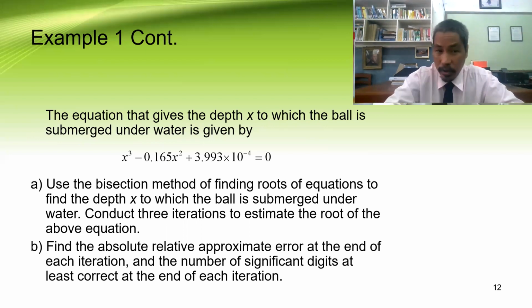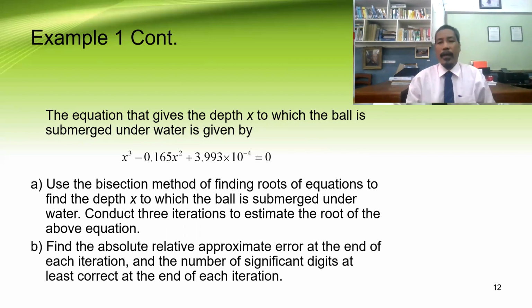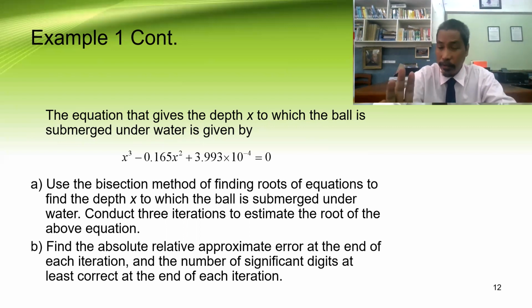Let us compute the absolute relative approximate error and the number of significant digits at least correct at the end of each iteration. In order to know that, we have a criteria for the number of significant digits sure to be correct.